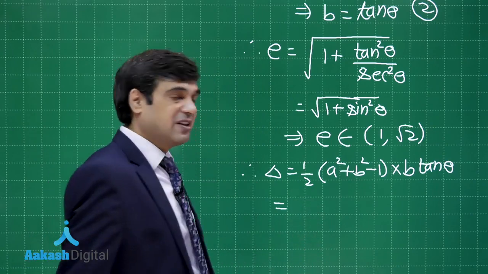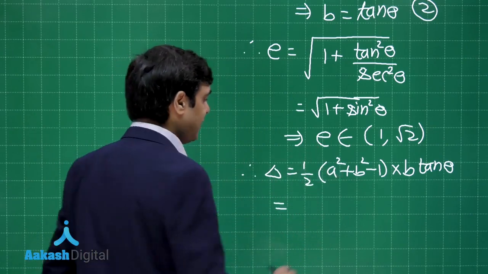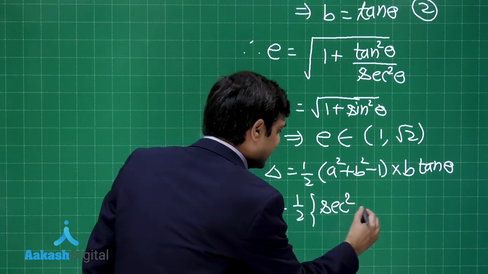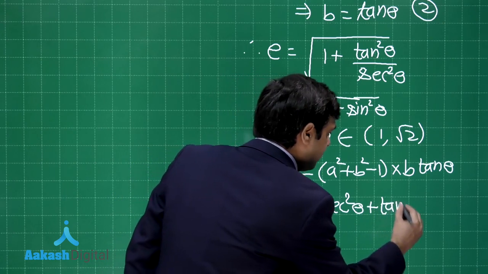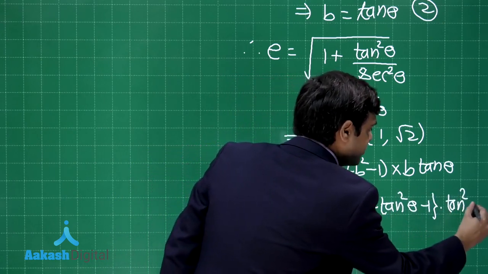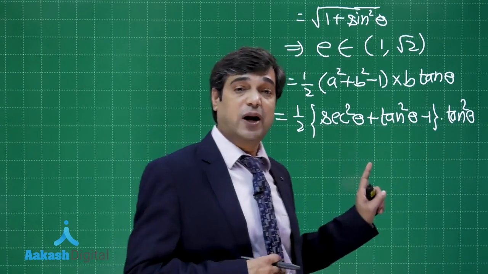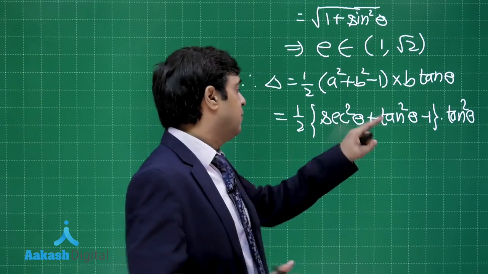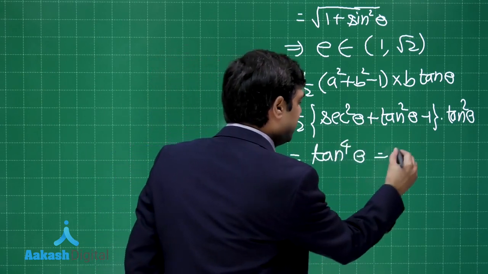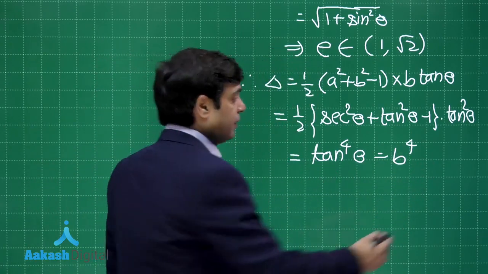Just replace a and b with sec and tan. Later we will change back into a and b because sec tan it is easy to handle. Half sec square theta plus tan square theta minus 1 into tan square theta. So we can see sec square theta minus 1 is tan square theta. So 2 will be cancelled. We are getting tan 4 theta, or simply b to the power 4 because tan theta is b.